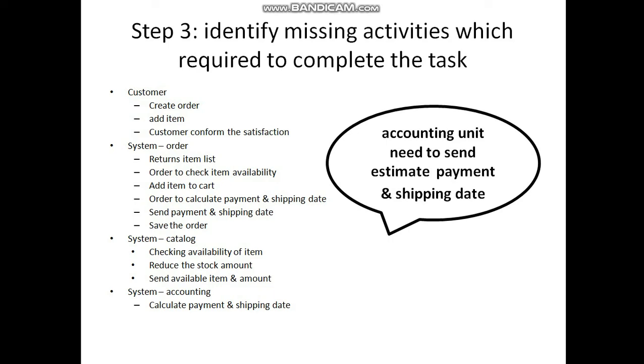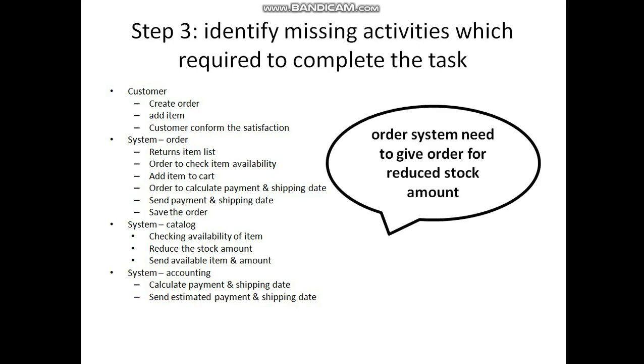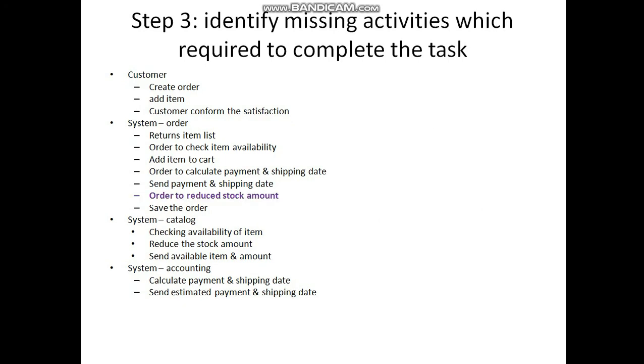Because of that, I am going to add a new activity, sending payment and shipping date, under accounting unit. Finally, the system needs to give an order to reduce the stock amount. Then under order system, I am going to add a new activity: ordered to reduce stock amount.